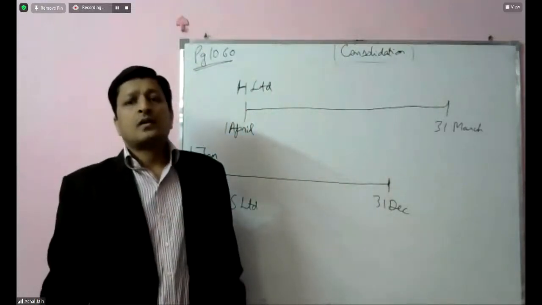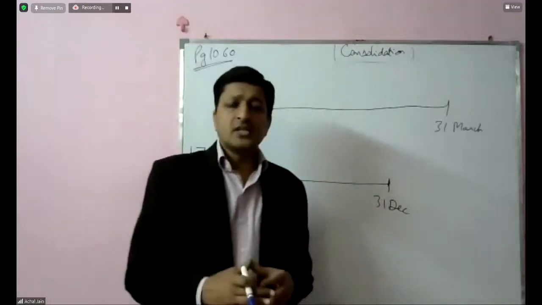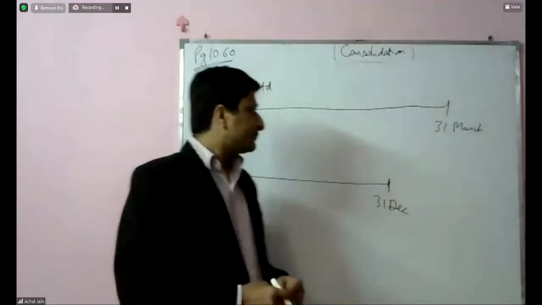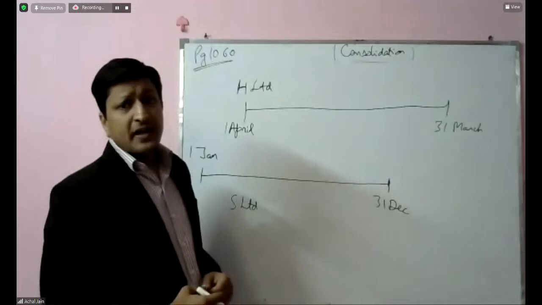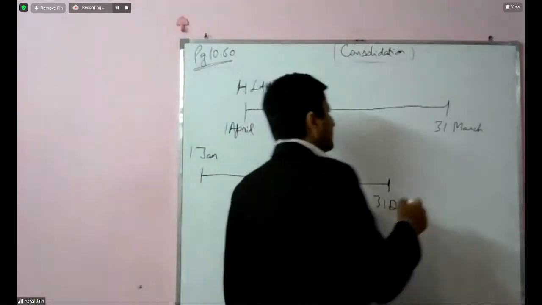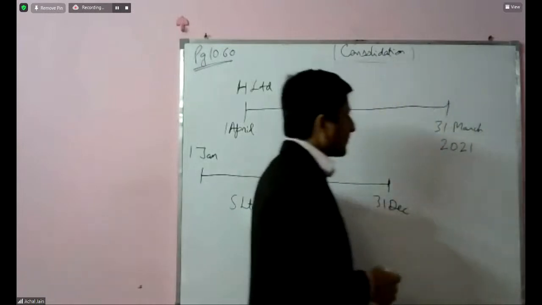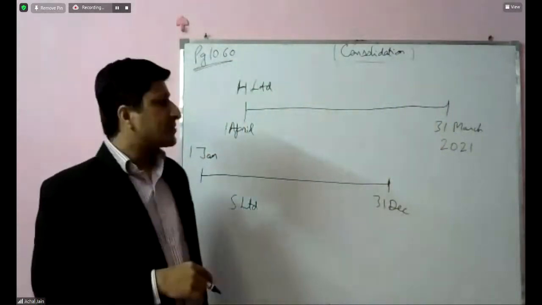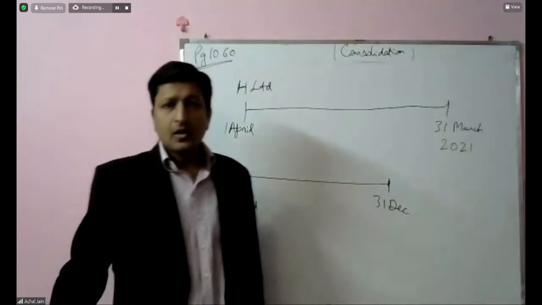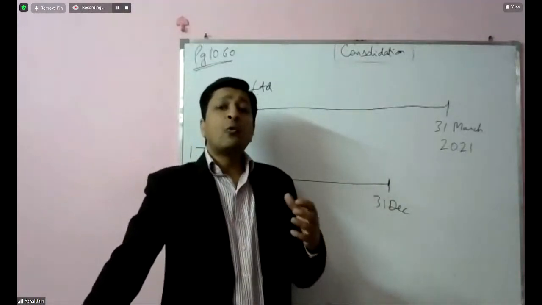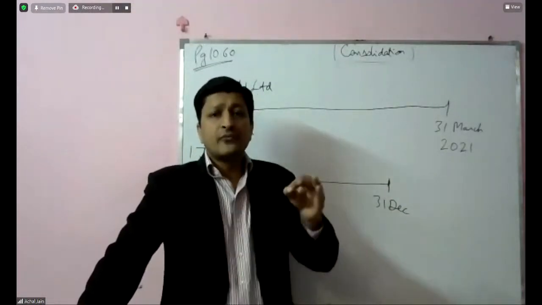Now, let's try to consolidate these. So now what will happen? Say if we pick up 31st March 2021. On 31st March 2021, holding company will require information of subsidiary for consolidation.